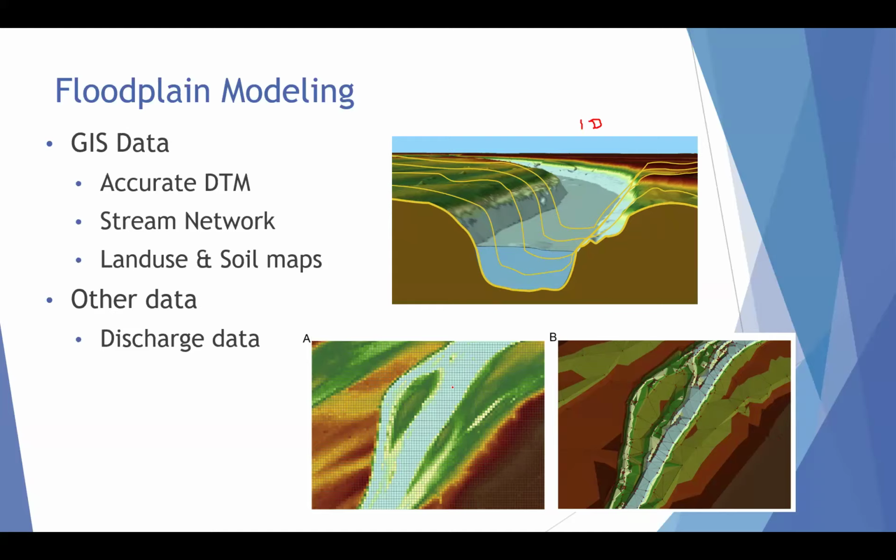You can also create an unstructured mesh, and certain models can work on unstructured meshes. Structured gridded cells are very commonly used, and we try to get the floodplain inundation, so that we prepare the flood hazard, flood risk, and flood vulnerability.